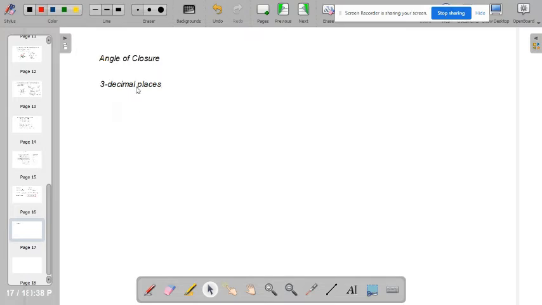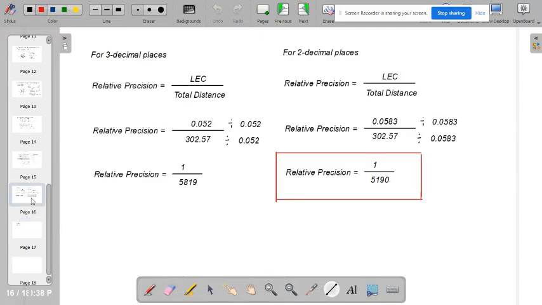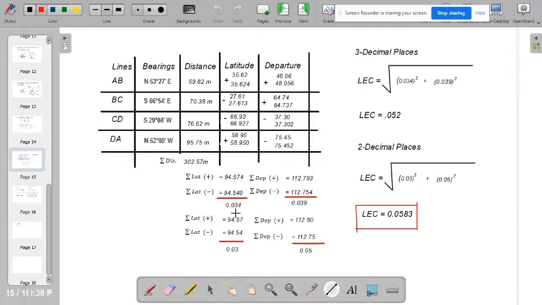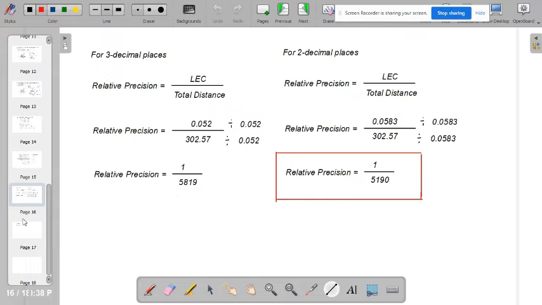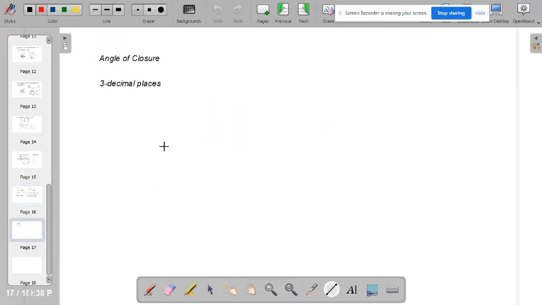So, tangent theta. How do you analyze this angle of closure? Okay, so ang ating CL dito is positive and ang ating departure is positive. So it's in northeast, no? So kung halimbawa i-draft mo 'yan, ito yung reference meridian mo, sa northeast siya. So ibig sabihin ang theta mo ay dito. Northeast siya eh. So your theta here is this one.